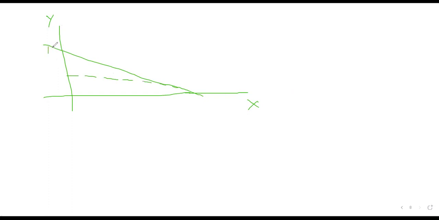If we're buying 10 units of Y, now we're going to buy 5 units. This is called a tilt. Whenever we're tilting inwards, it means good Y has become expensive. If we're tilting outwards, it means good Y has become cheap. So maybe we're buying 20 units instead of 10. This means we are improving in our livelihood.